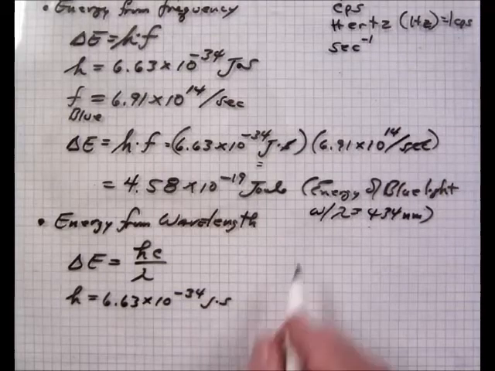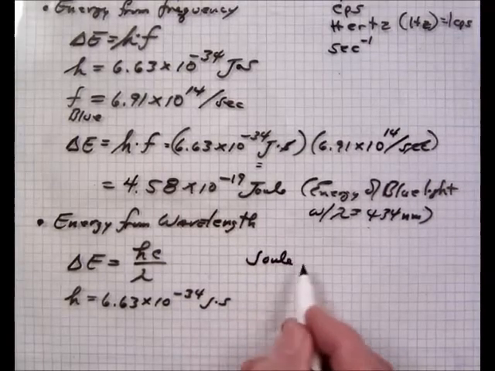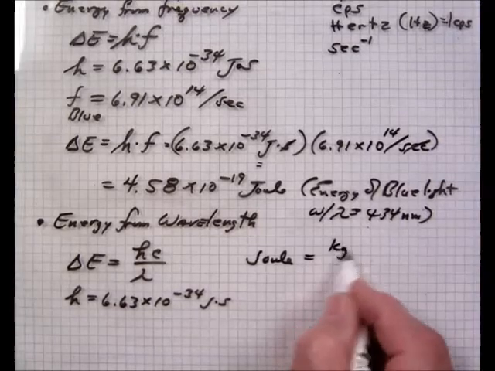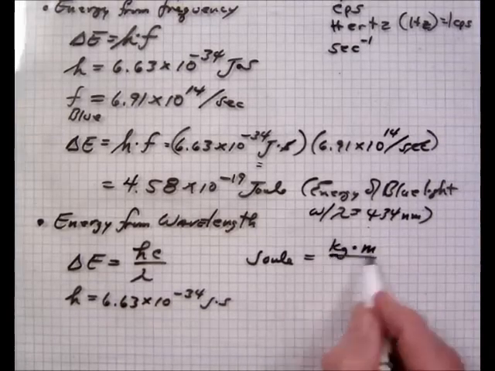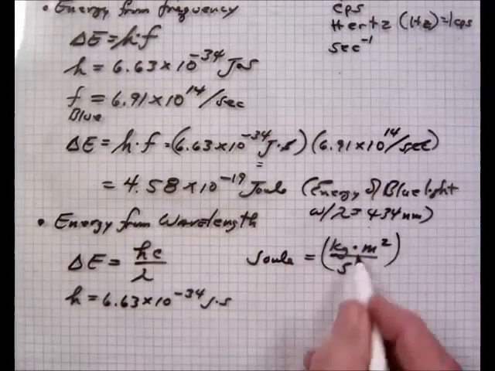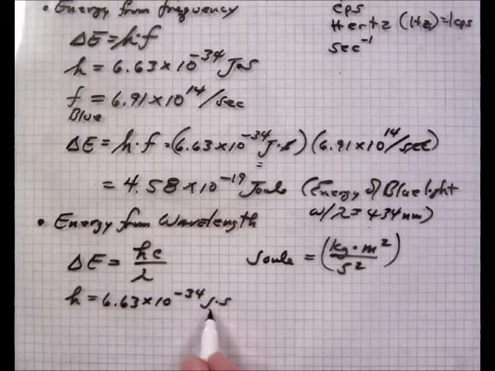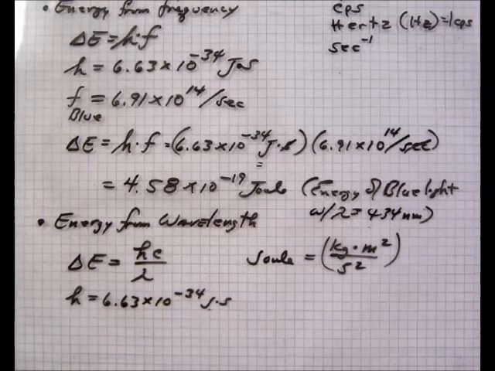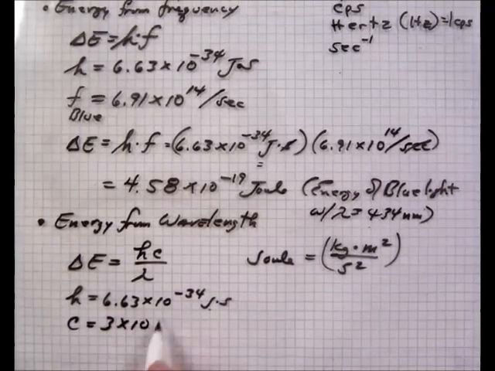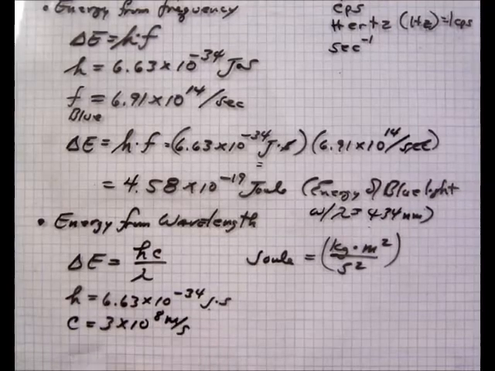It might be useful to note that a joule, if you want to check the unit cancellations, is kilogram meters squared over second squared, so you can substitute that in for the joule. C is again 3 times 10 to the 8 meters per second.